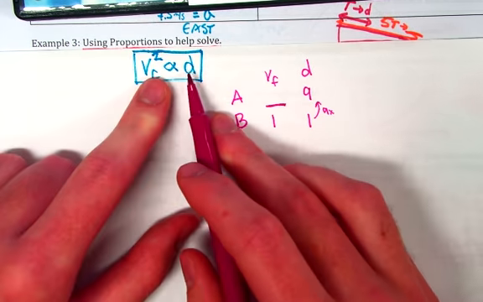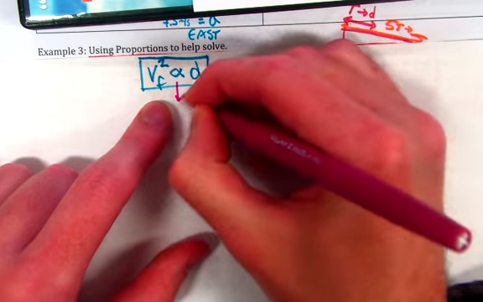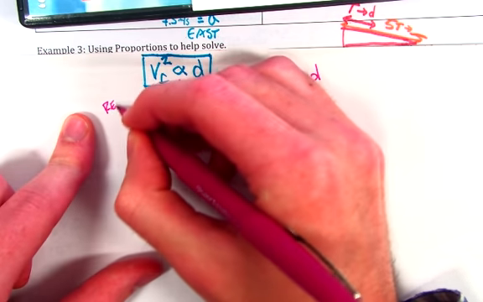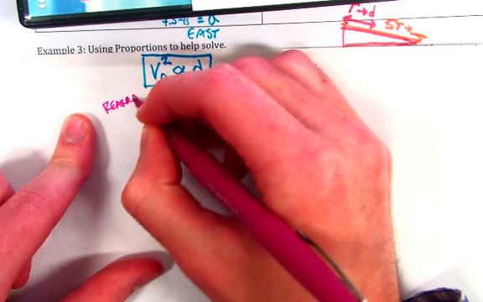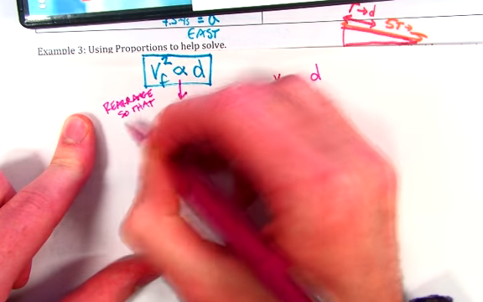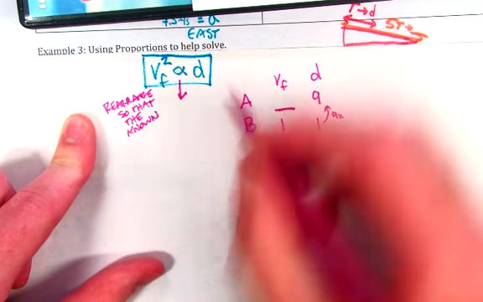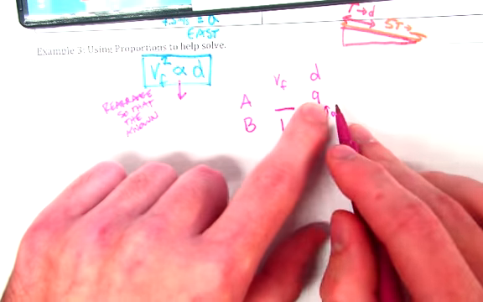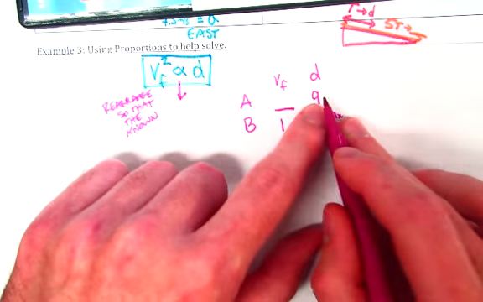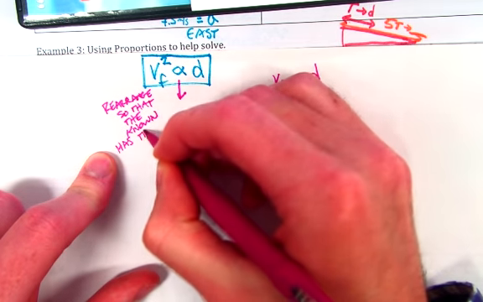Now, looking at this, it's kind of difficult to plug it in. So what I recommend is to rearrange so that the known, the piece of the puzzle that we already know, the 9 right here, has the funky stuff.